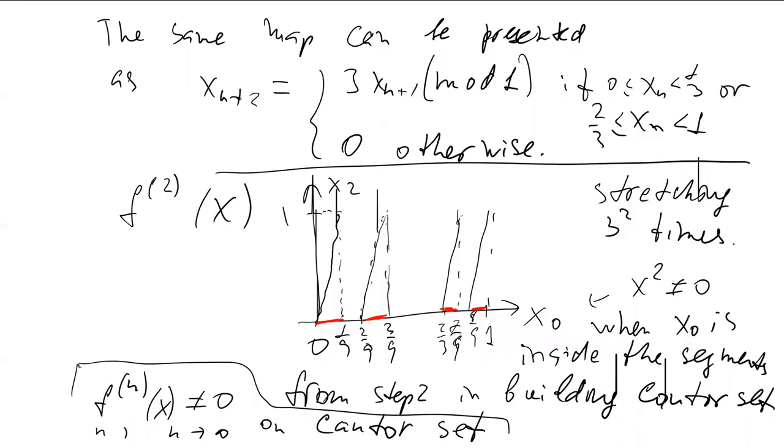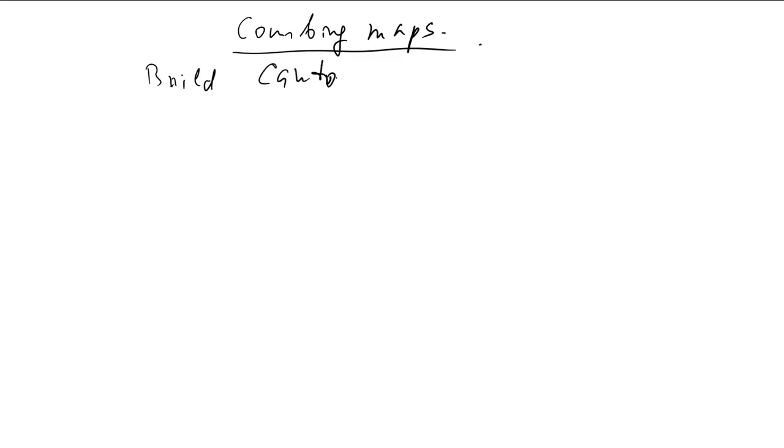There is another way to build the Cantor set using maps. It is about combining maps. Again, let's build the Cantor set in a different way.